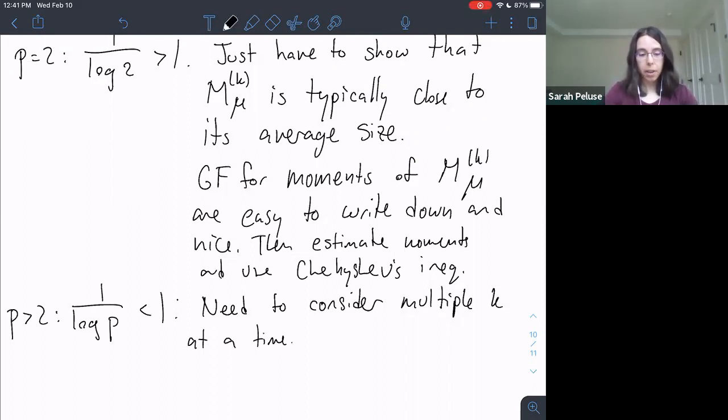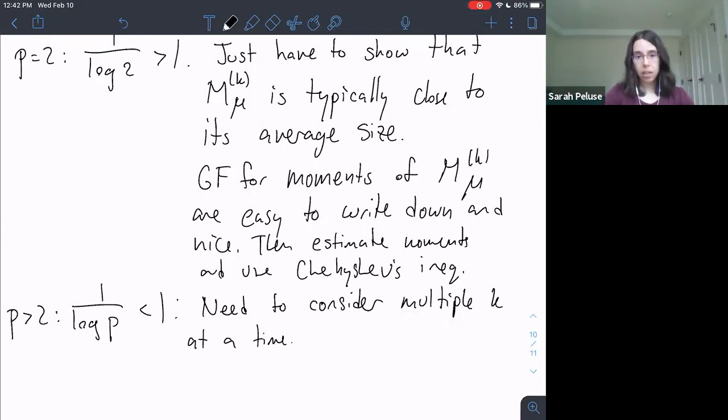One way to argue is to show that the capital M statistic is independent for sufficiently many ks. But it turns out you can only show this for about n to the 1/4 many of these ks at a time, and you need more ks to make this independence argument work. So using that sort of argument, you can only prove Miller's conjecture for primes up to and including 13.